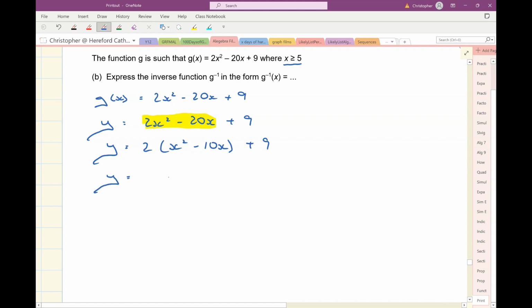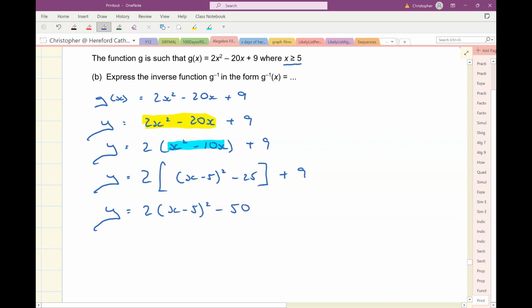I'm completing the square on x² − 10x, so it's going to be (x − 5)², and that will give me x² − 10x + 25, so I better subtract the 25 away. Copy down the +9. Multiplying out the square bracket, that gives me 2(x − 5)² − 50 + 9. So that is 2(x − 5)² − 41.